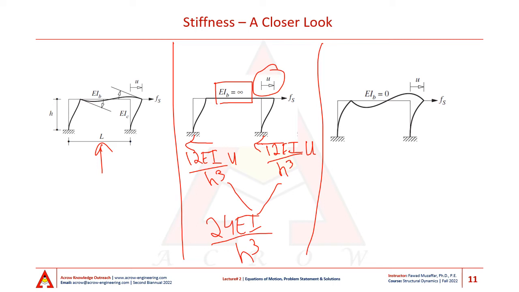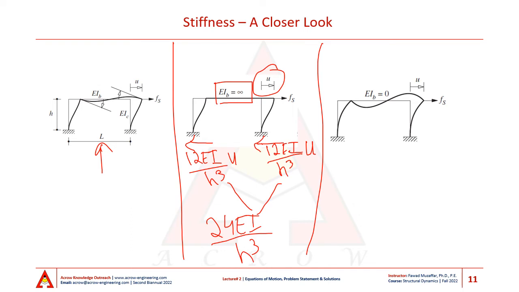The other extreme that is possible is when my beams are very flimsy. This is the scenario that is typically the case when your columns are supporting your flat slab or flat plate.